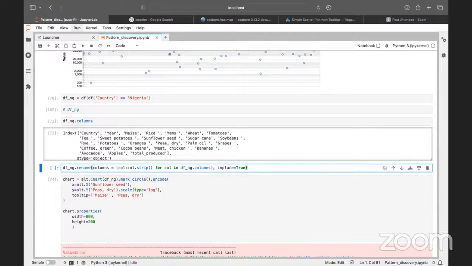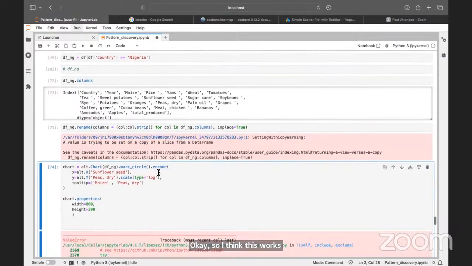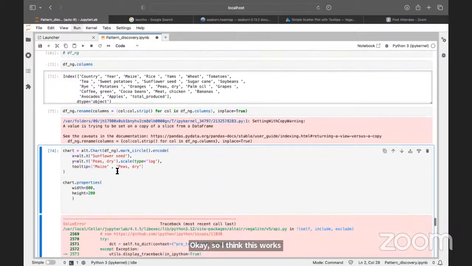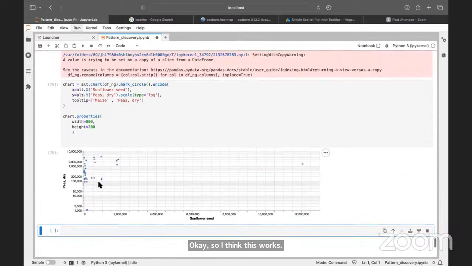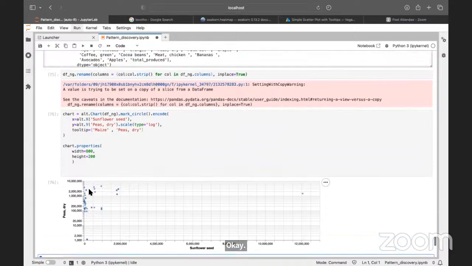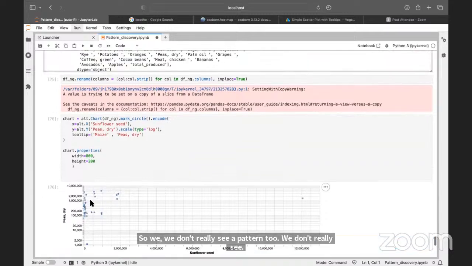Okay, so I think this works. So we don't really see a pattern that we can get off on, right, to this.